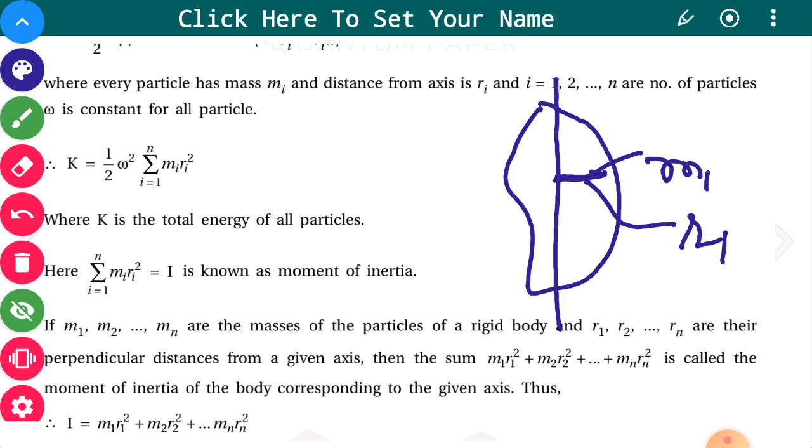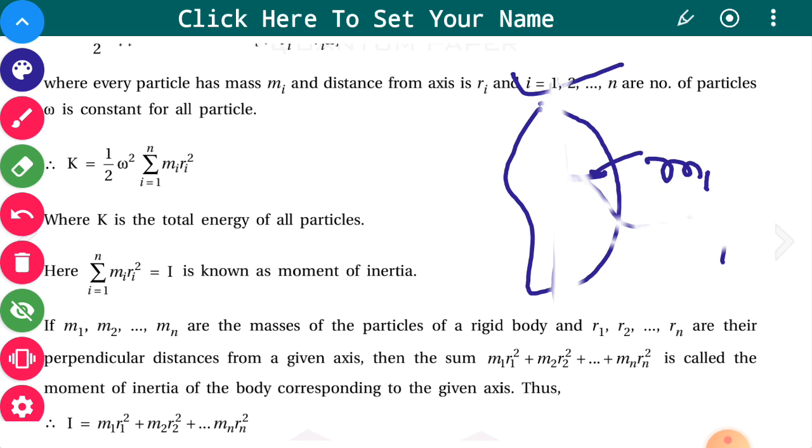Now instead of this rotational axis, if I do not want to rotate about this axis and I change it, then I must have a different rotational axis.